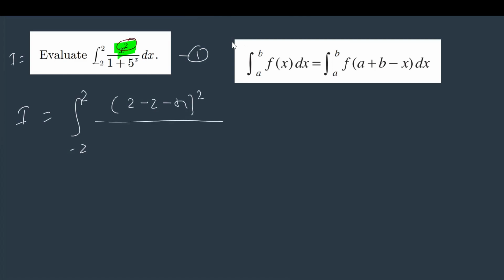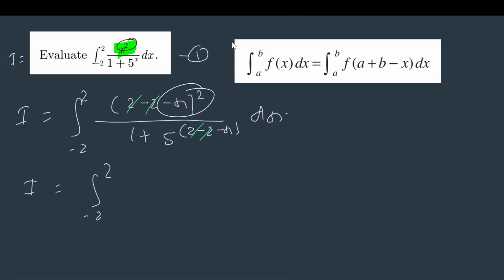This is x square, that whole divided by 1 plus 5 raised to the power, once again a plus b, and b is minus 2, minus x, and say dx. So this is minus 2 to 2. Over here you can see that this minus 2 plus 2 get cancelled. So this is plus 2 minus 2. So we'll get minus of x square, what? Positive x square. And this is 1 plus 5 raised to the power minus x dx.